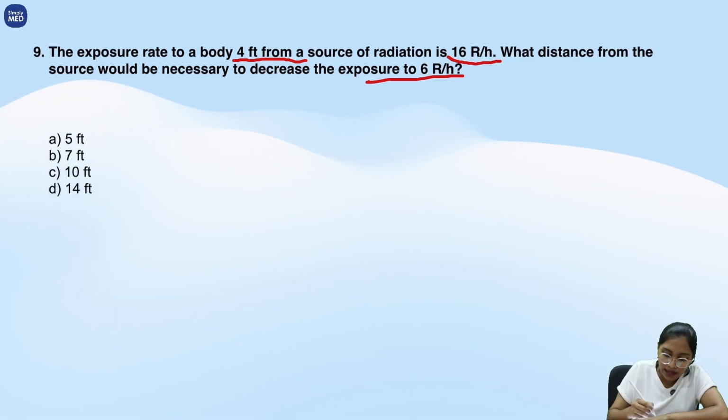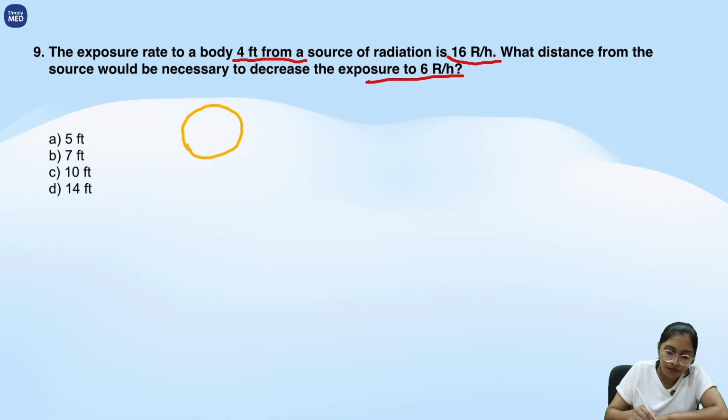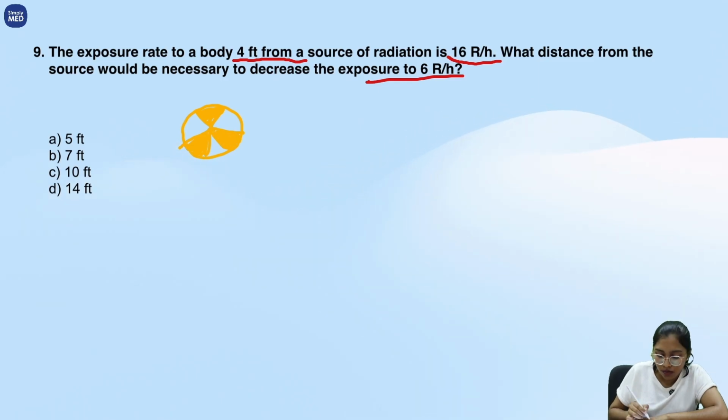What exactly does this inverse square law mean? In the name itself there is something, right? Inverse square law. The relation here is inverse. Inverse means opposite. And square. So let's see how that name came.